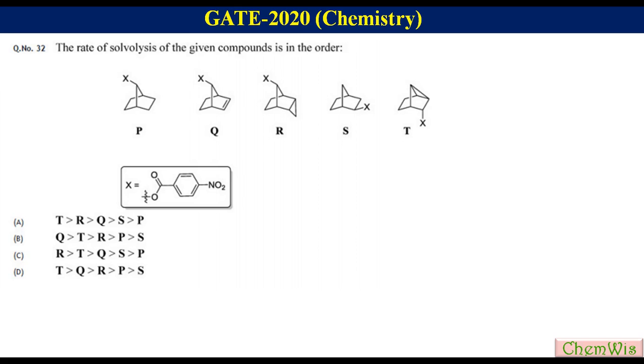Higher the neighboring group participation, higher will be the rate of solvolysis. Cyclopropyl group has a higher tendency than pi bond, which in turn has a higher tendency than sigma bond. Based on this information, R and T with cyclopropyl group have a higher rate than Q with pi bond, which in turn has a higher rate than P and S that have sigma bond.